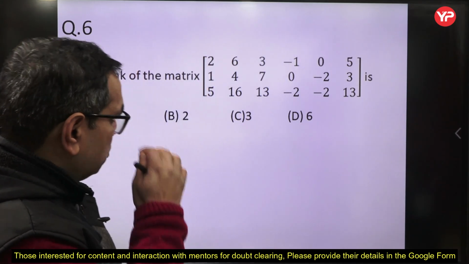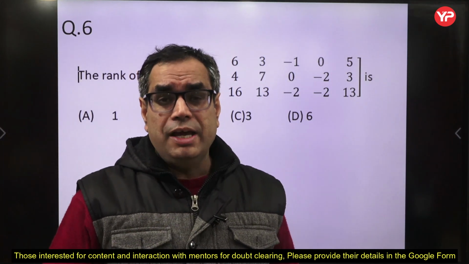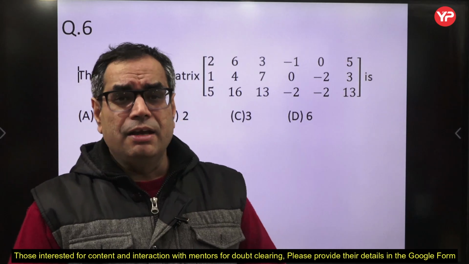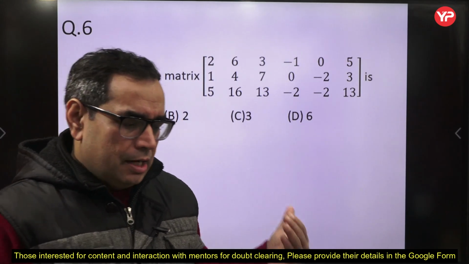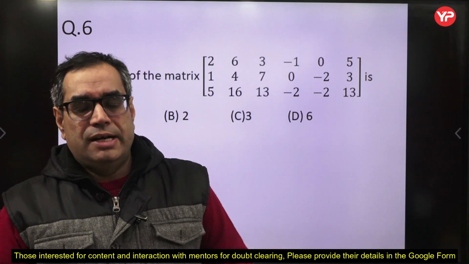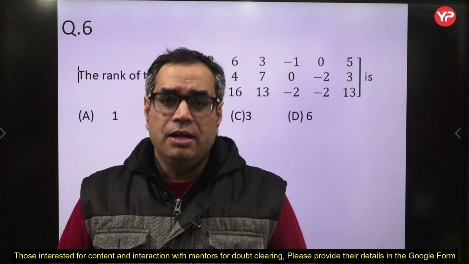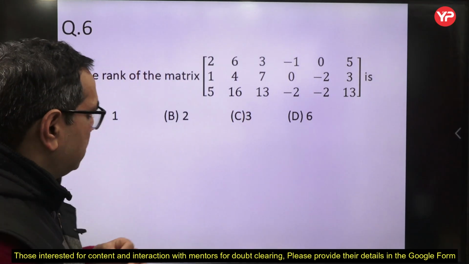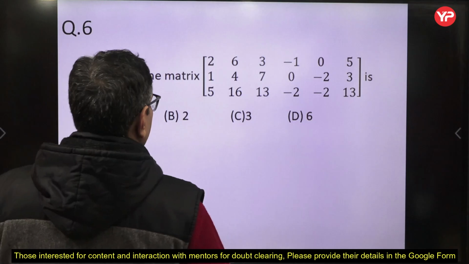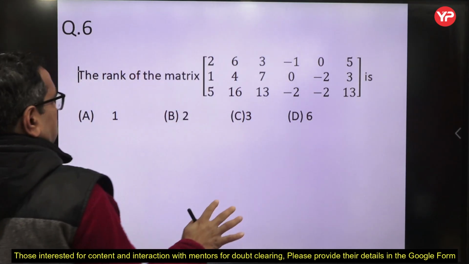To compute the rank, we can convert it into an equivalent echelon form using elementary operations, and then we know that the rank of a matrix is equal to the number of non-zero rows in its equivalent echelon form. This is an important point which you have to remember. So what we can do, we can first interchange the first and second rows.